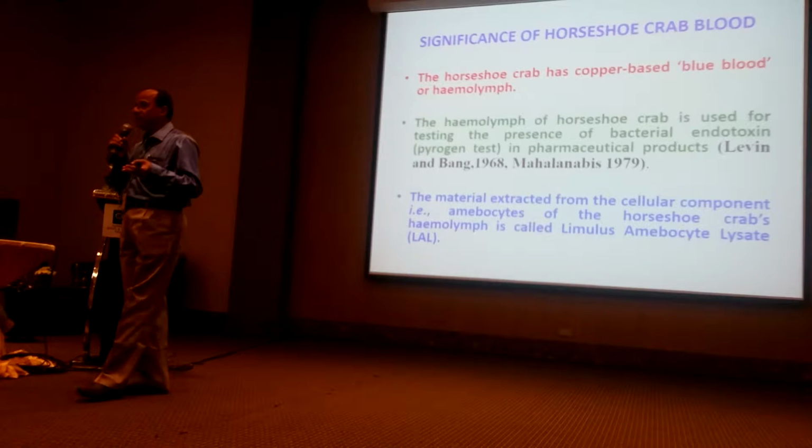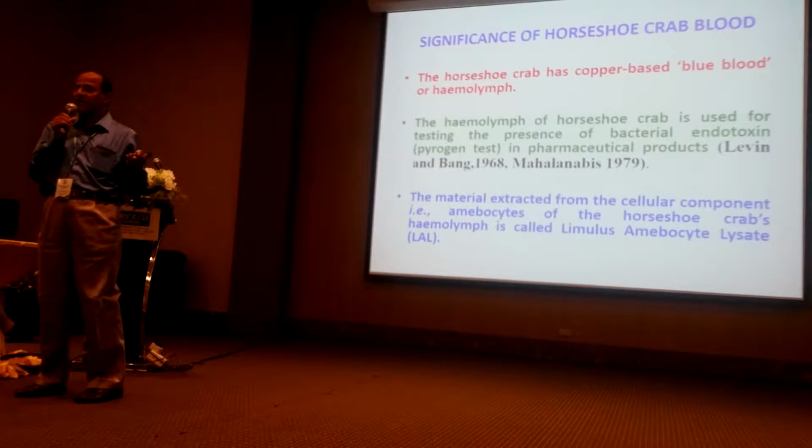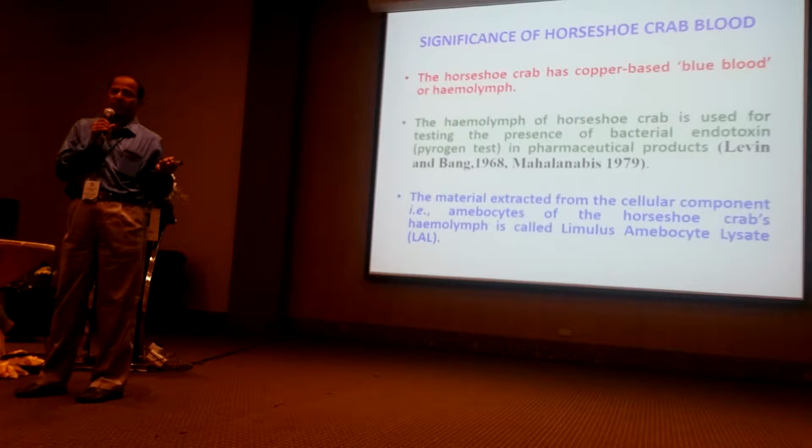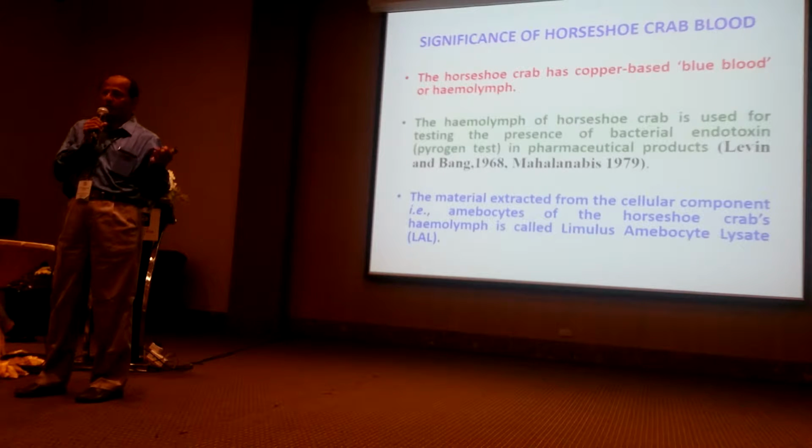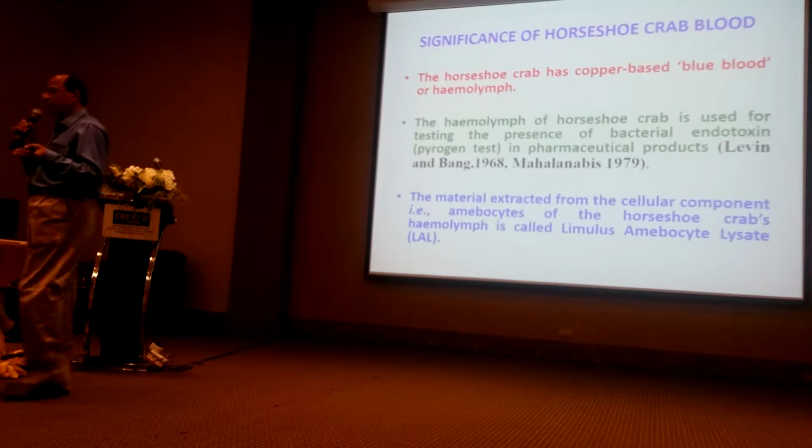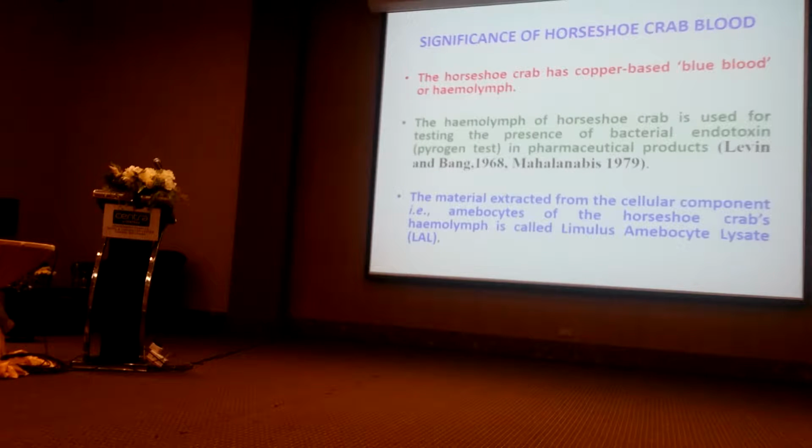But this particular organism has a particular protein isolated from the red blood cells, the hemocytes, of the horseshoe crab, and that is so sensitive that a nano quantity of endotoxin can be detected by this particular test. And USA has manufactured this kit, and this is the LAL, Limulus amebocyte lysate test.